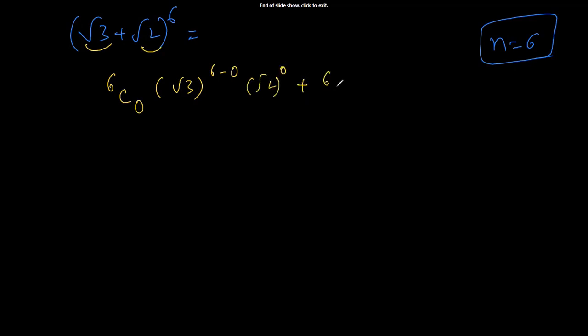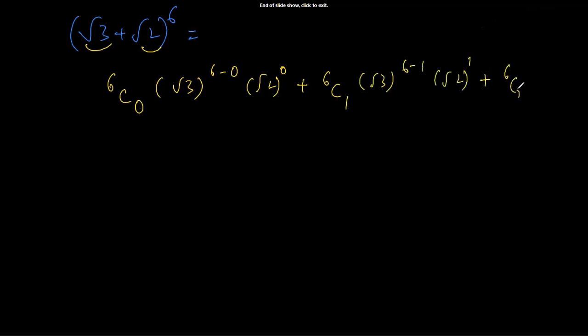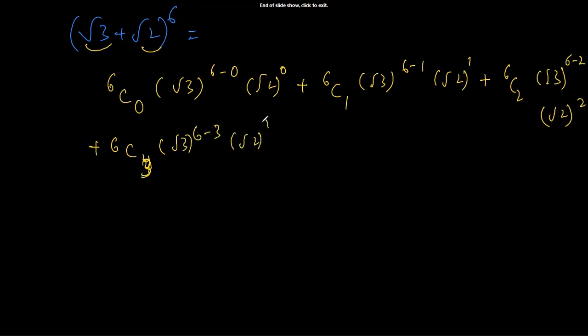Then the second term is 6C1 when r is equal to 1. I just have to change the values of r now. So 6 minus 1 and root 2 raised to the power 1. Then 6C2 root 3 raised to the power 6 minus 2 and root 2 raised to the power 2. Then next is 6C3 root 3 raised to the power 6 minus 3 and root 2 raised to the power 3.